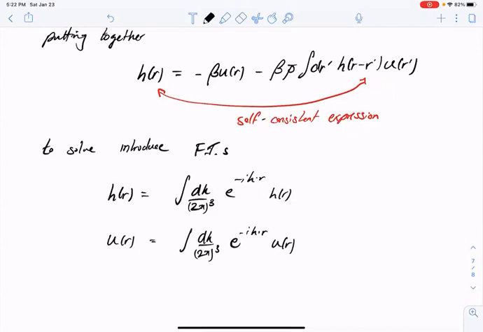If we introduce those Fourier transforms into the self-consistent equation for H of R, the convolution theorem will turn that integral of H of R minus R prime U of R prime into a product of the Fourier transformed functions.